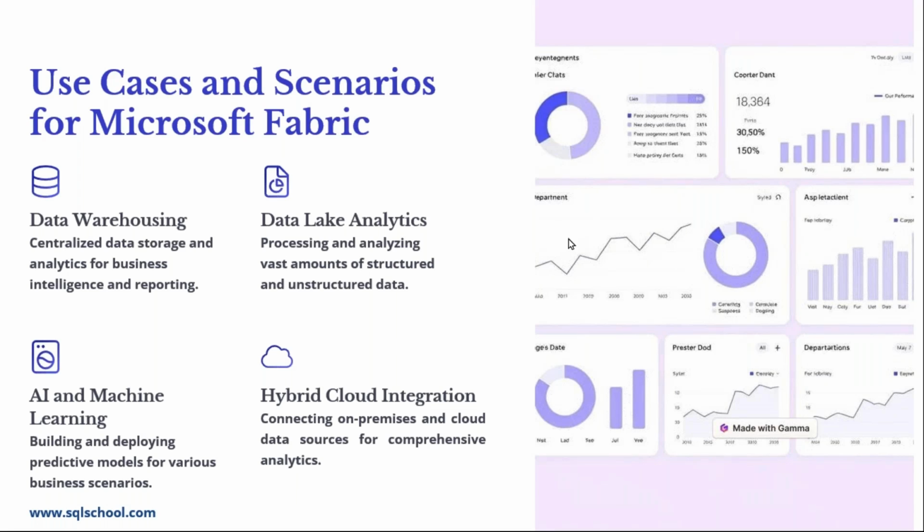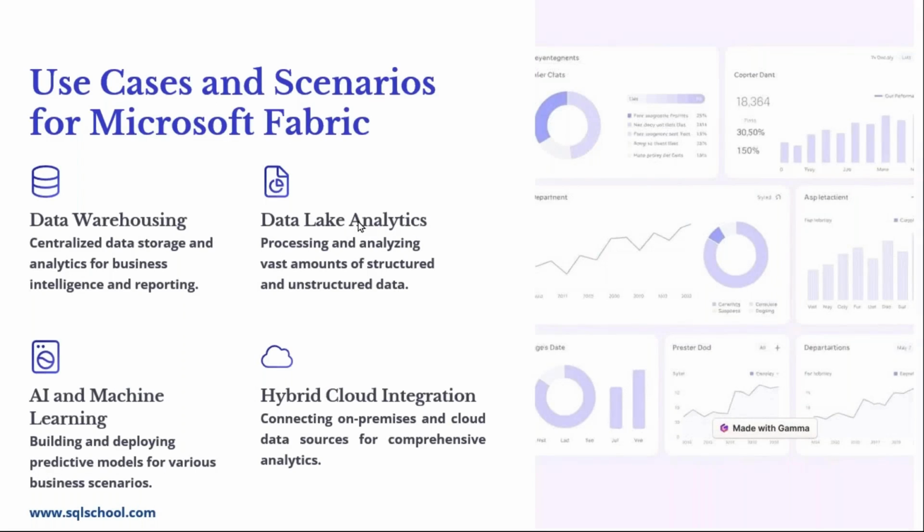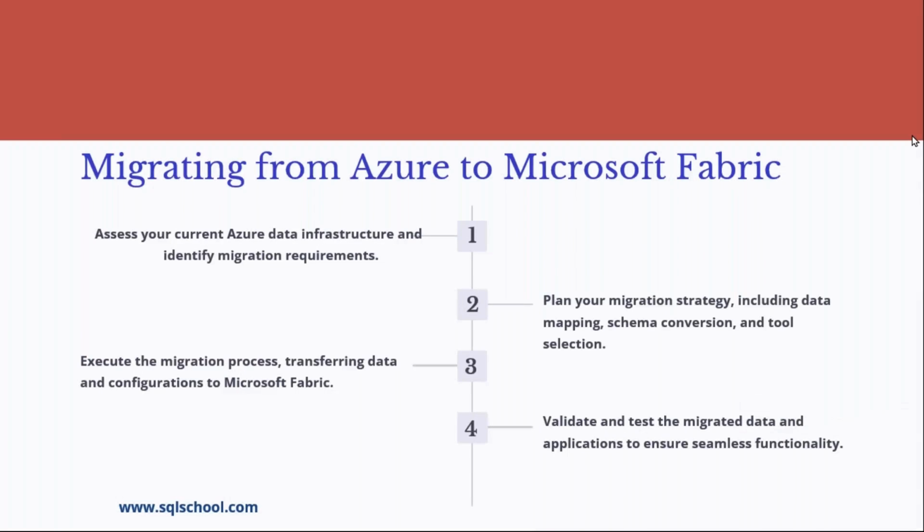And at the same time, migration from Azure to Fabric, for any of the scenarios on the previous screen, either warehousing or analytics or AI or hybrid cloud integrations, Azure migrations are really seamless, very seamless and straightforward.